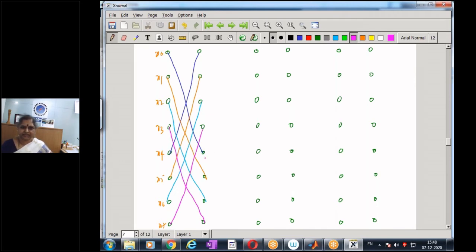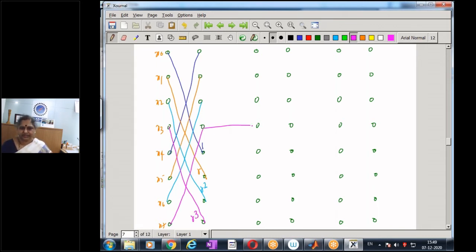And we have the branch gains. The lower branches have a gain. This is going to have a branch gain of 1. The next one is going to have e to the power of minus j 2 pi n by 8, so gamma. This is going to be gamma squared. And this is going to be gamma cubed.